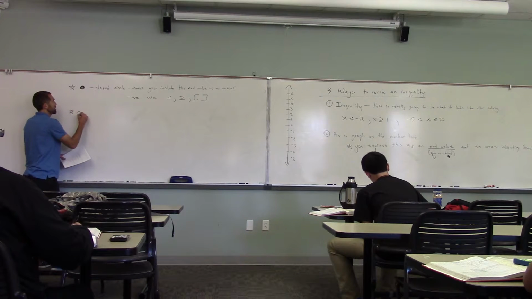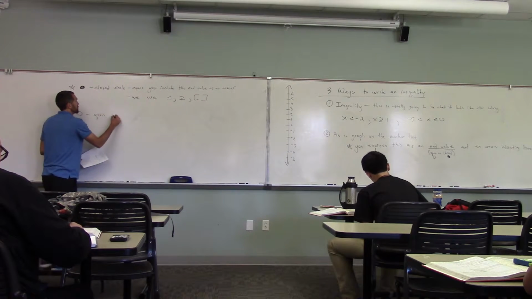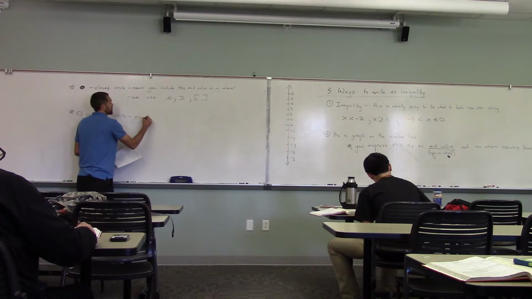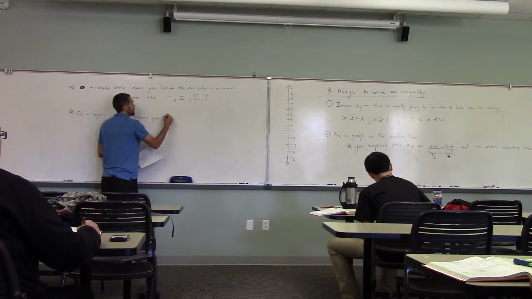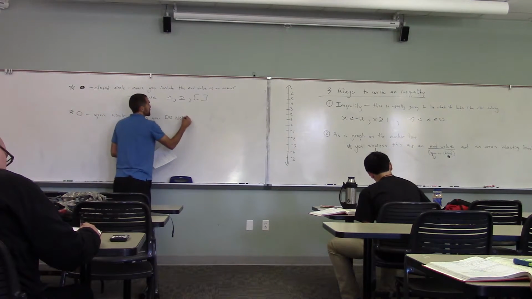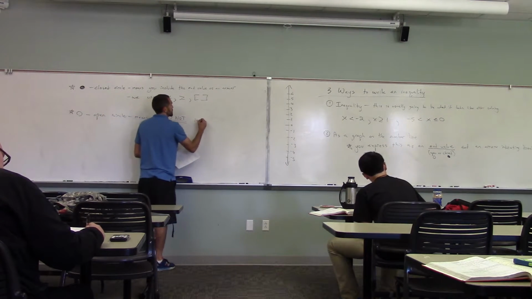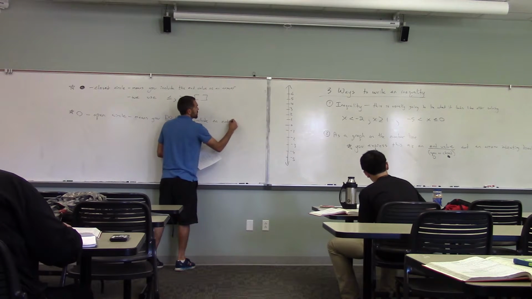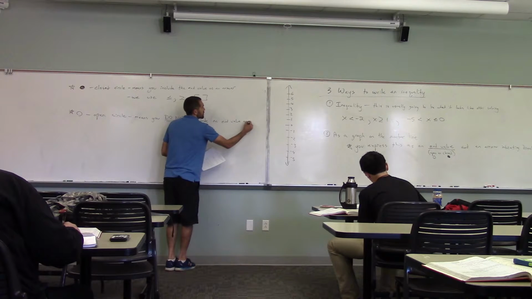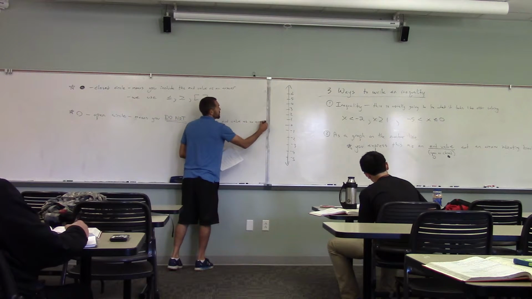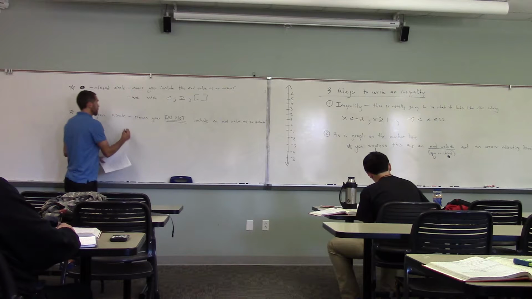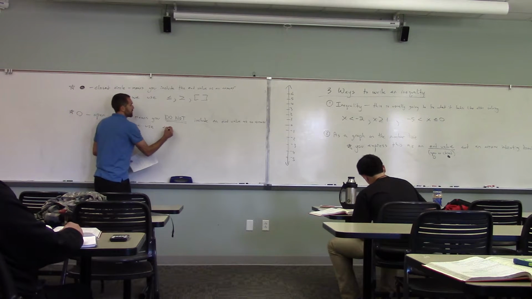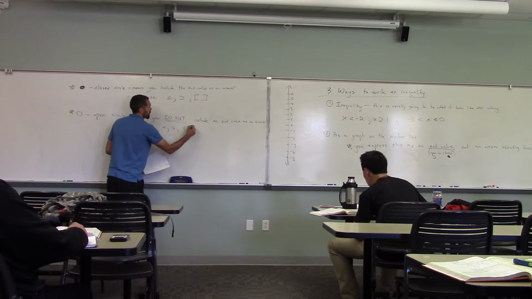And the other one is an open circle. It means you do not include the end value as an answer. So for this we use less than, greater than, or round parentheses.